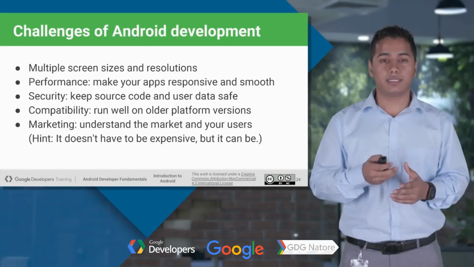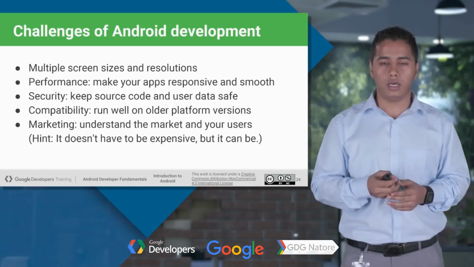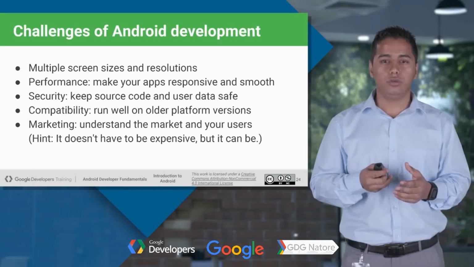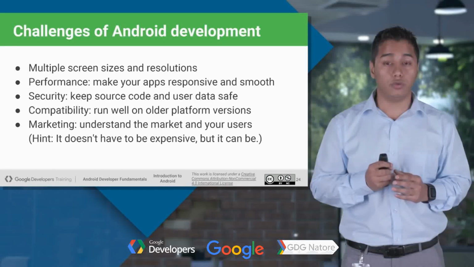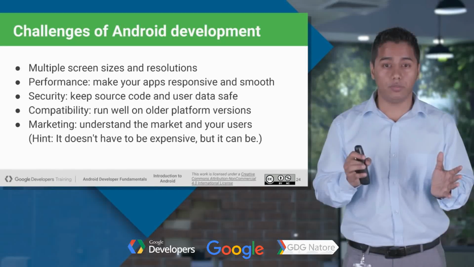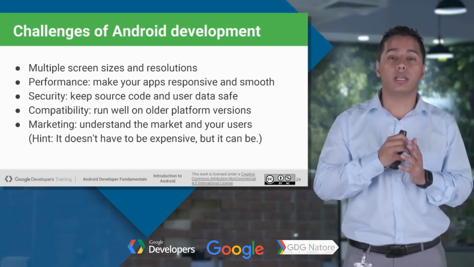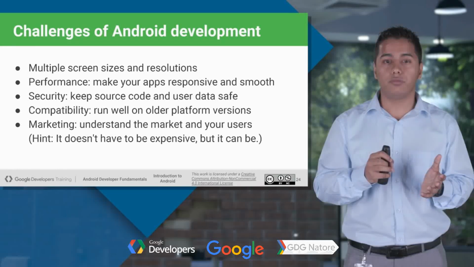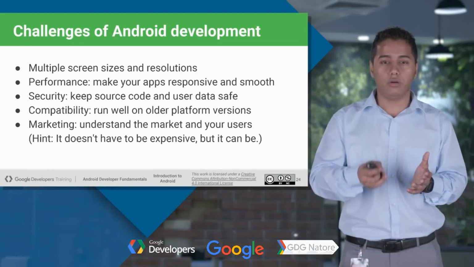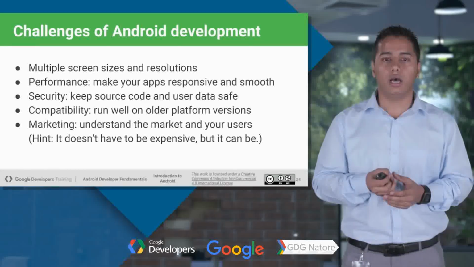Compatibility. Now that's an issue or challenge which you will be facing a lot. That's because you will be targeting a particular version. You will be targeting a majority of people. That's what our aim is, so that whenever we develop an application, it can be used by a majority of people. But we cannot expect our application to run on each and every version.